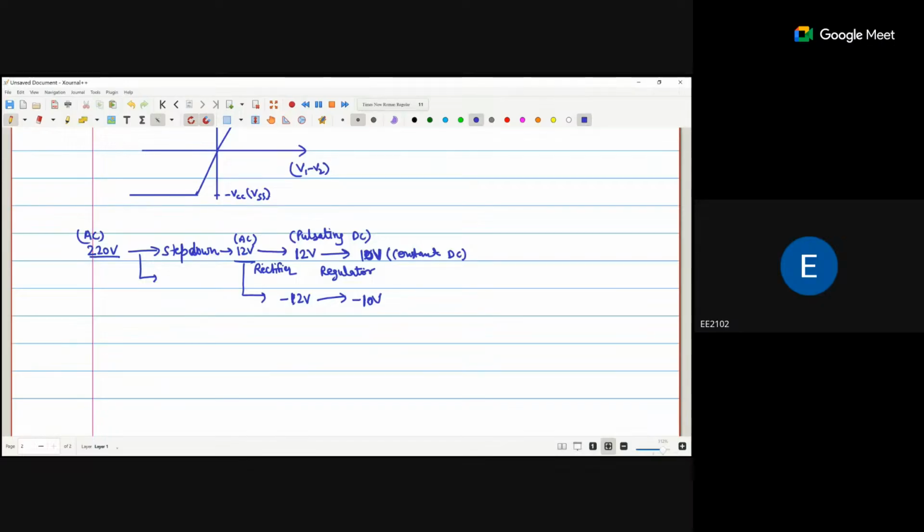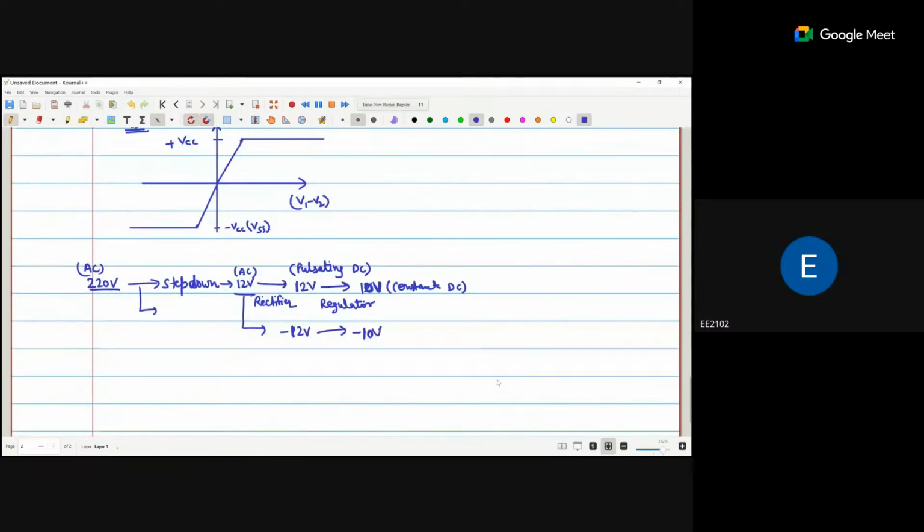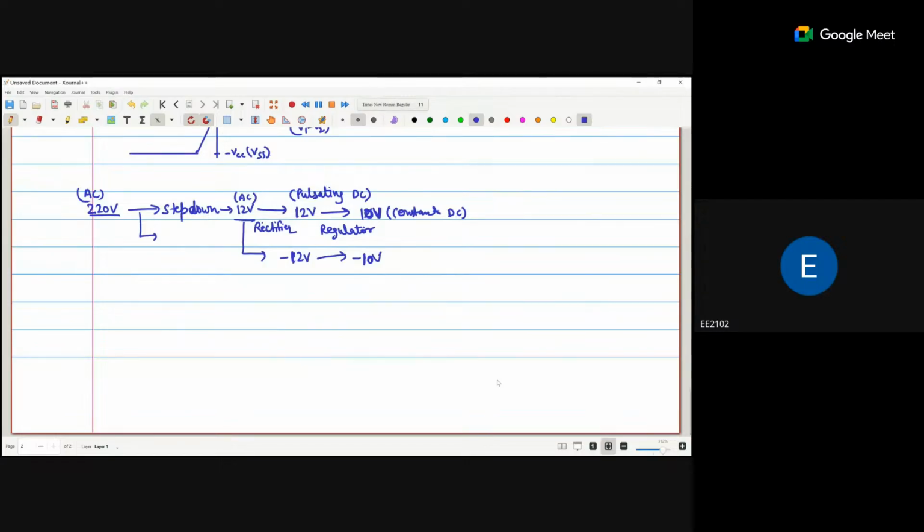That part is a little bit complicated. So to avoid this situation, we use a single supply operation.